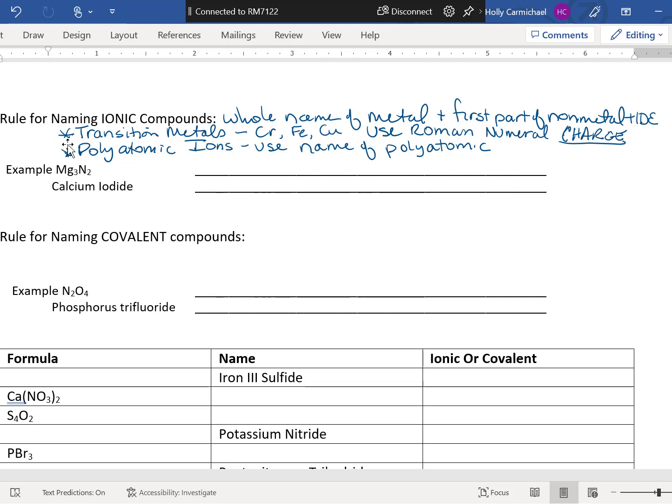Here's an example. Mg3N2. What would its name be? Magnesium what? Nitride. No number prefixes in ionic. You may want to put a note there too. There are no number prefixes because this is the only way magnesium and nitrogen can combine.